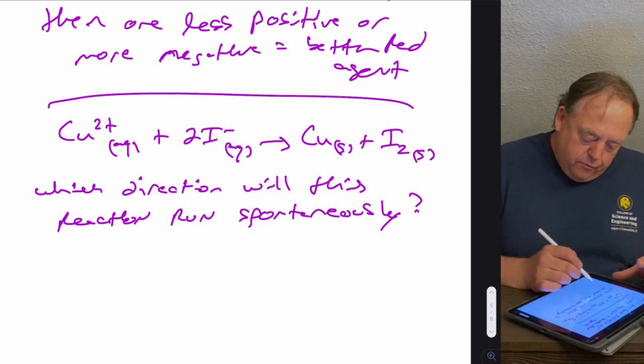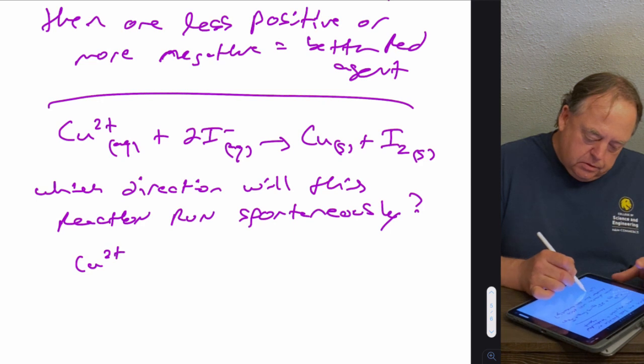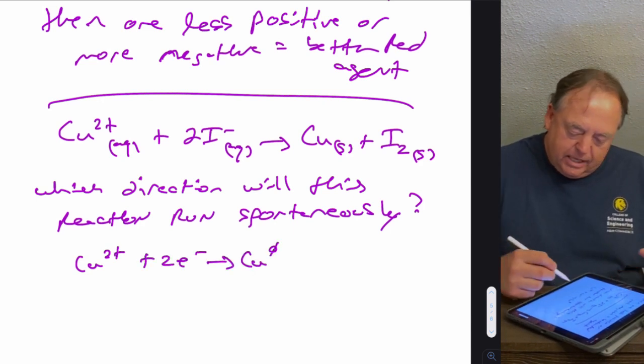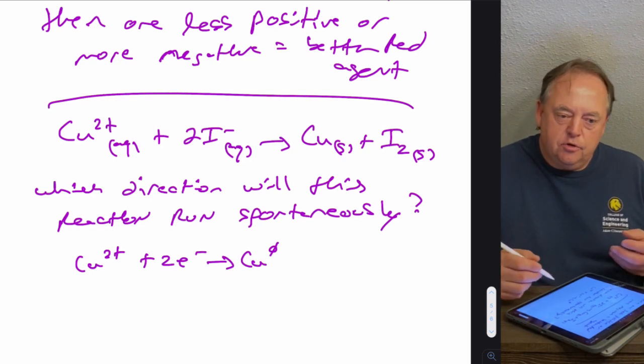Okay, so let's write the 2 half reactions. Copper 2 plus plus 2 electrons goes to copper 0. So that's a reduction potential, right? It's gaining electrons.